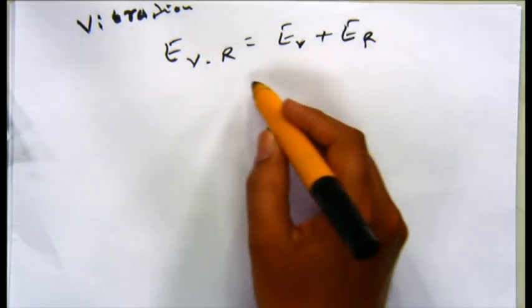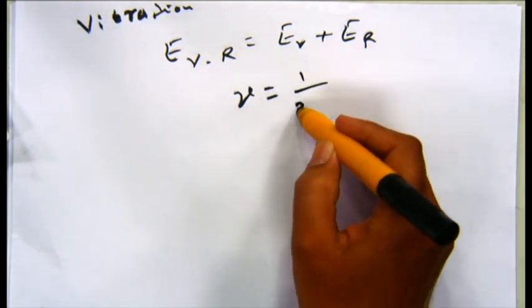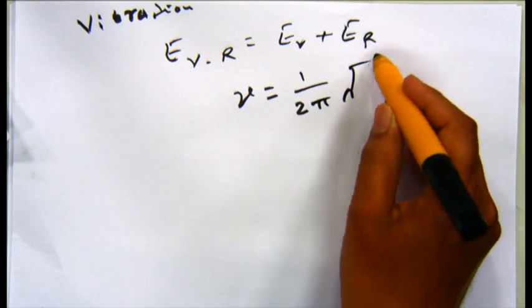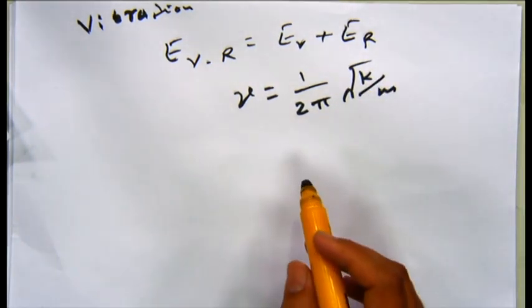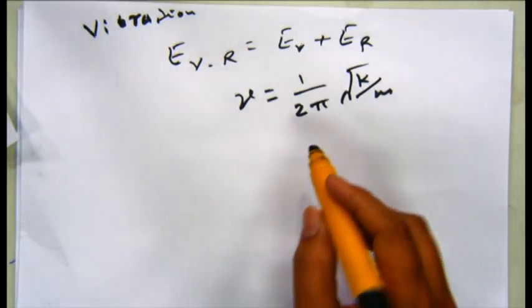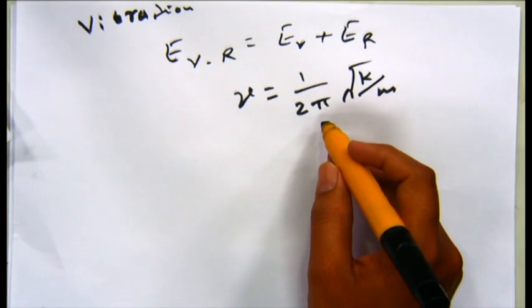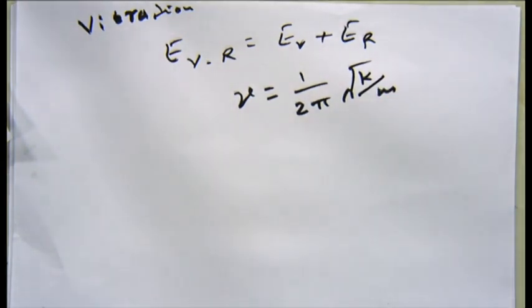Further, the frequency ν can be represented by 1 upon 2 pi root K by M. Here ν is known as the frequency generated by the molecule. M is the mass of the atom.